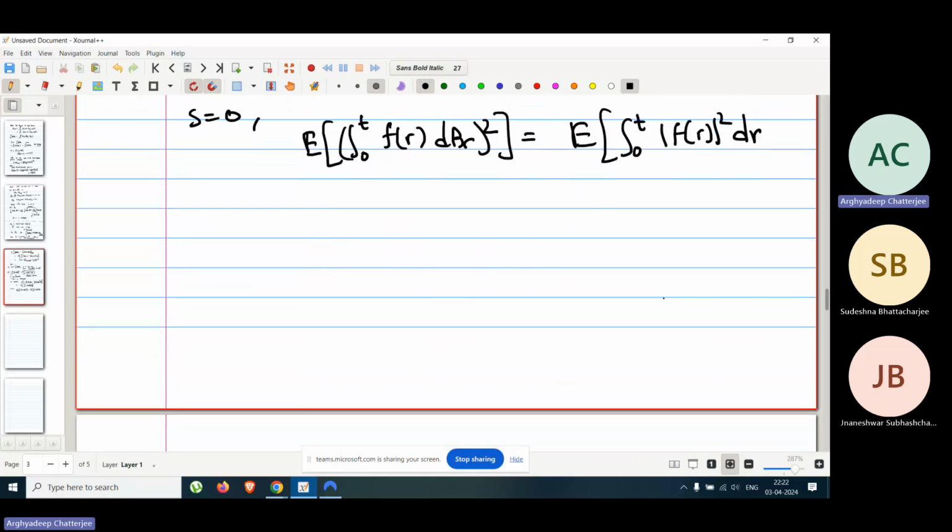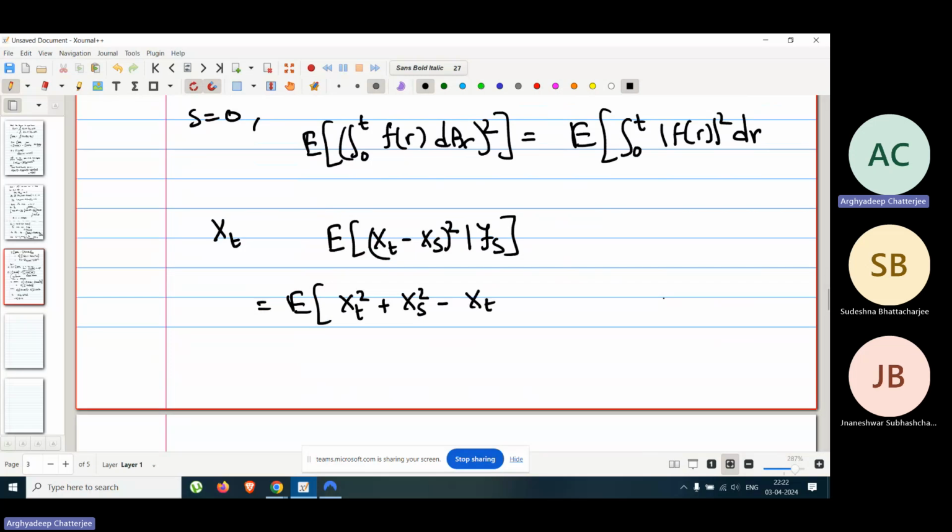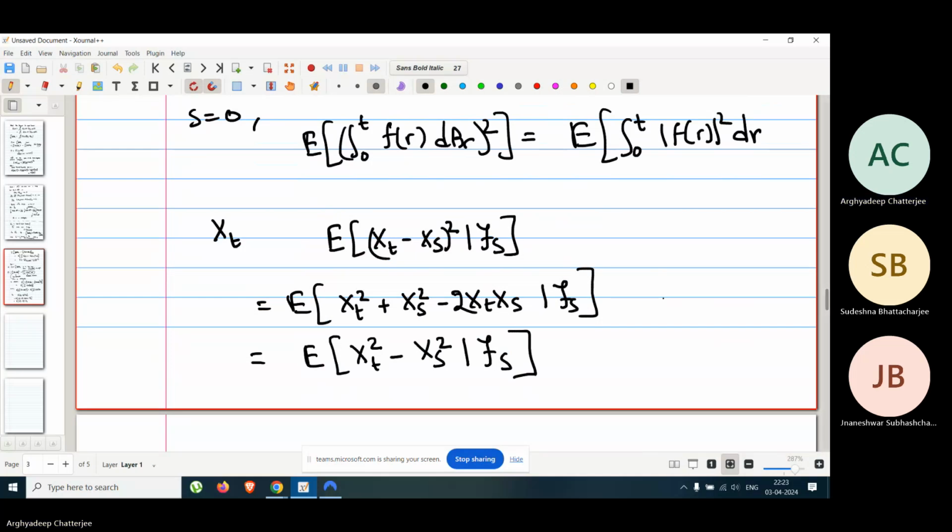If Xt is a martingale, then the expectation of (Xt minus Xs) squared given Fs is equal to the expectation of Xt squared plus Xs squared minus 2 Xt Xs given Fs, and this is equal to the expectation of Xt squared minus Xs squared given Fs, right?